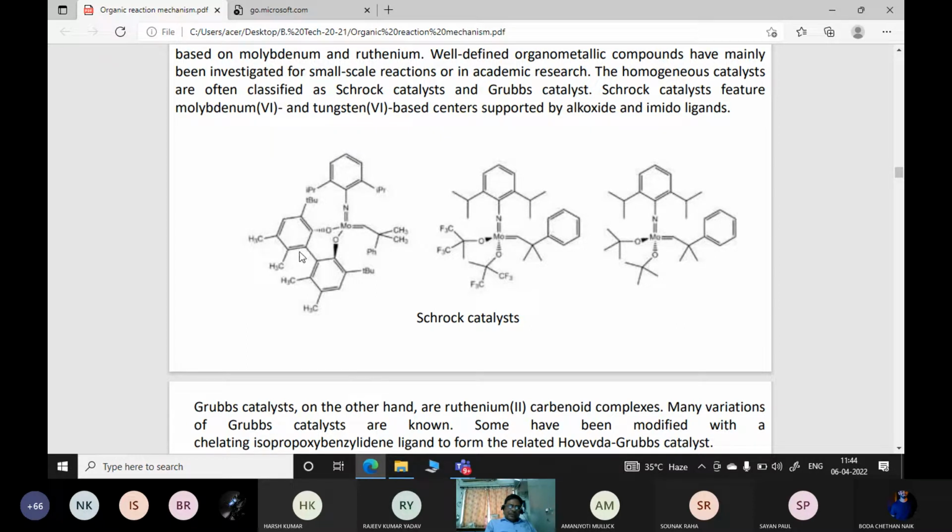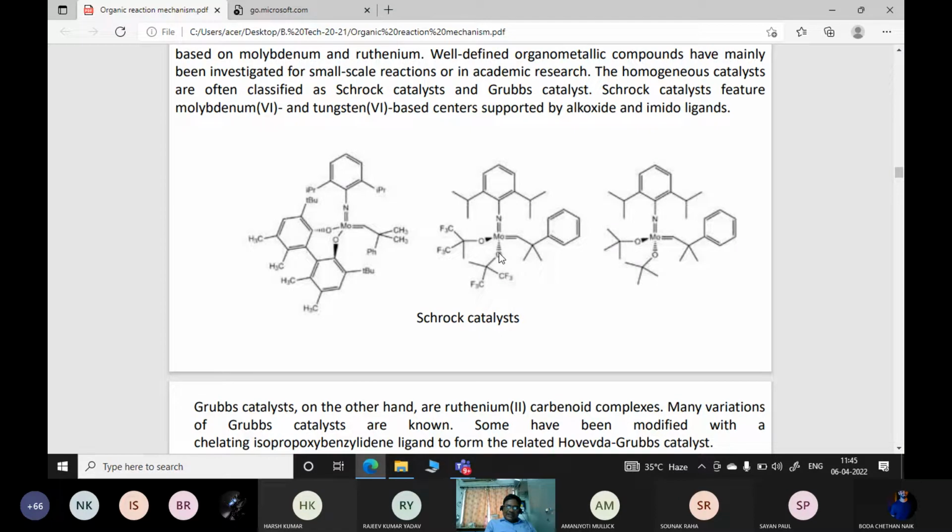This is a 2,3-dimethyl, 4-tertiary butyl, 1-phenoxy anion that is attached to the molybdenum. And here is the next catalyst, also developed by the same research group of Professor Schrock, and this is also the carbene as well as the nitrene and phenoxy.